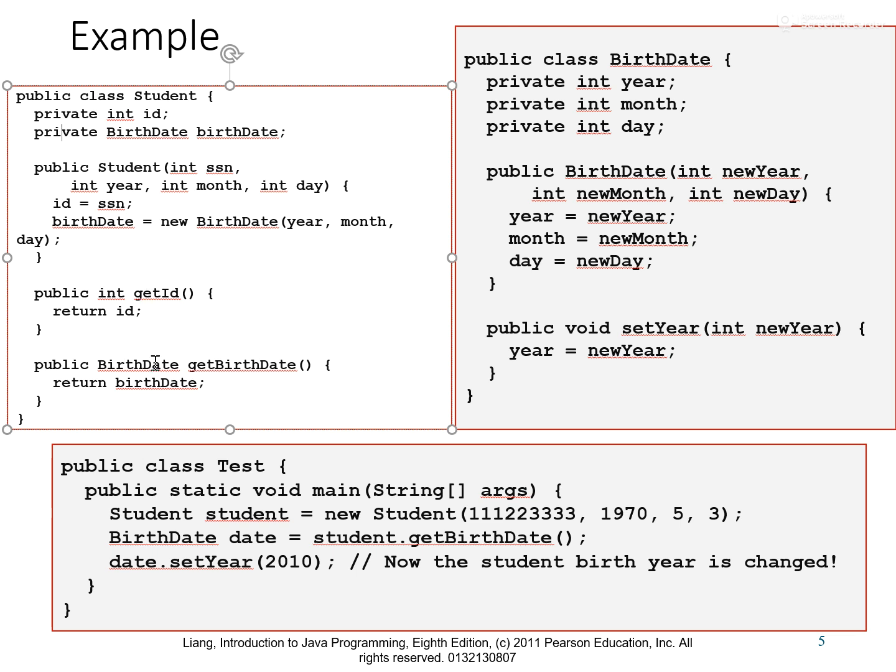We have a get ID, we have a get birth date method. Birth date itself is an object of the class birth date over here. So with only these two methods, nevertheless, it is still possible to make changes to the birth date, even though there's no set method. Please go through this example and try to figure out why that is. It's actually quite straightforward. And it relates to something that we have already studied earlier.